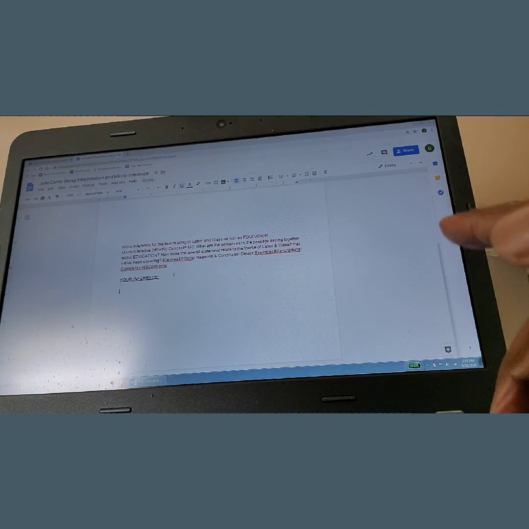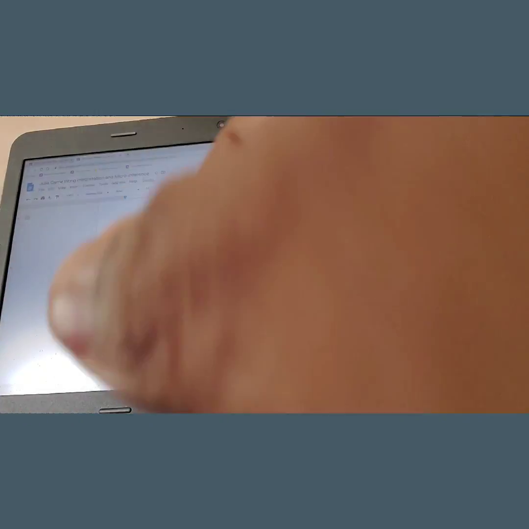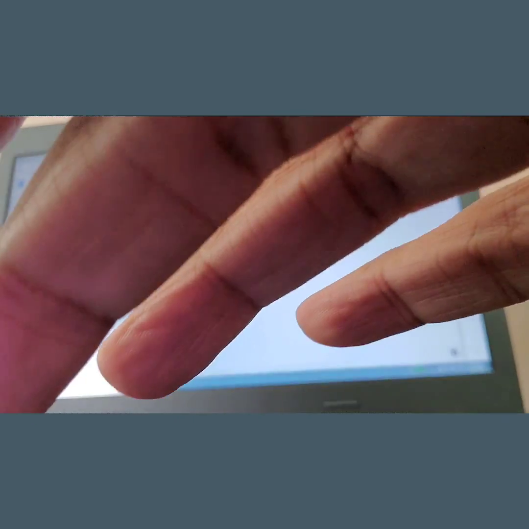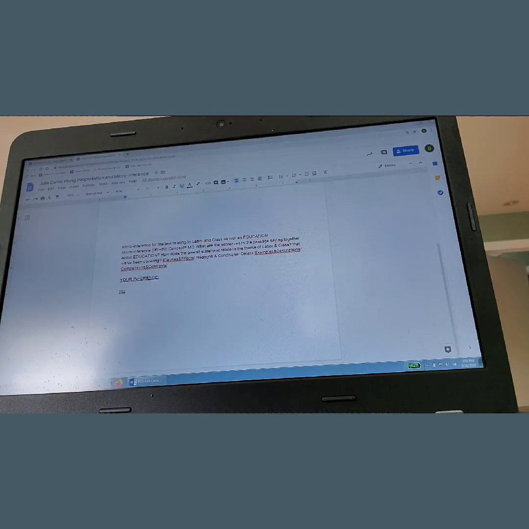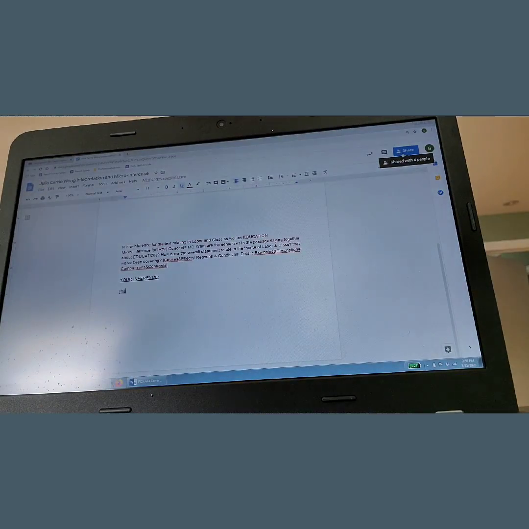Because you have to hit the enter button, and it goes a couple spaces down, and then you can start typing. Okay. And then rather than a share button, which is up here, you're going to have a turn in button. Okay. Now let's go to the actual assignment.